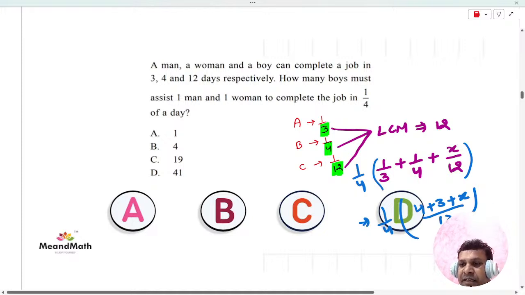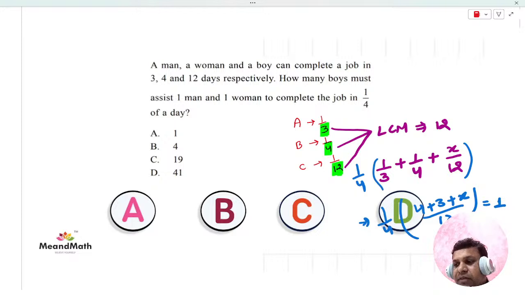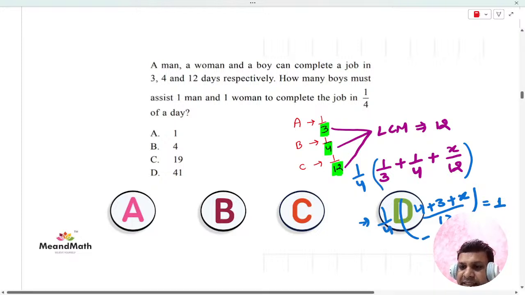And this completes how much work? One work is completed, so always make it equal to 1. In the previous question also we took it as 1 complete. Now simplified, 7 plus x is equal to 48, x is equal to 41. So how many boys are required? 41. So D option is the correct answer.